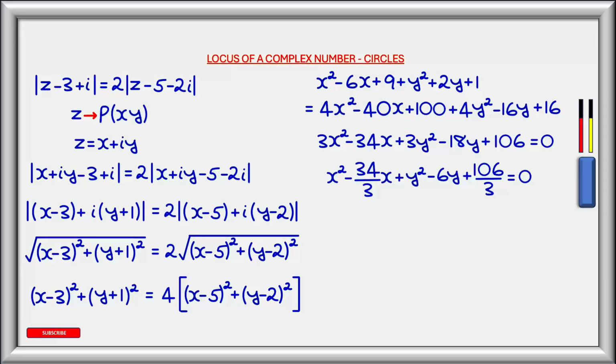And dividing through by 3 gives x squared minus 34 divided by 3 x plus y squared minus 6y plus 106 over 3 is equal to 0.